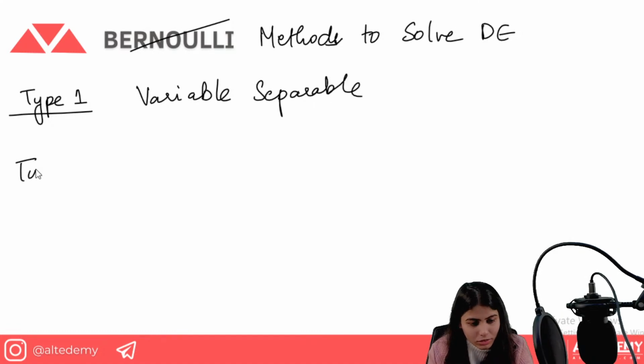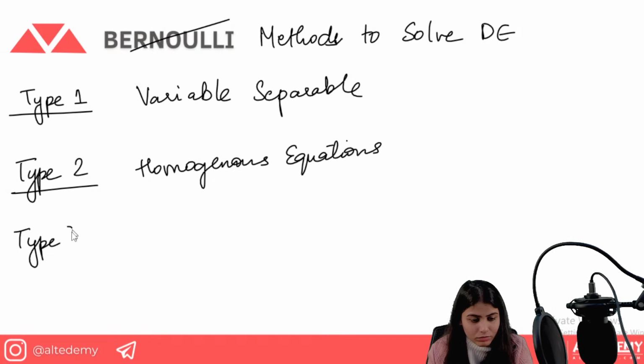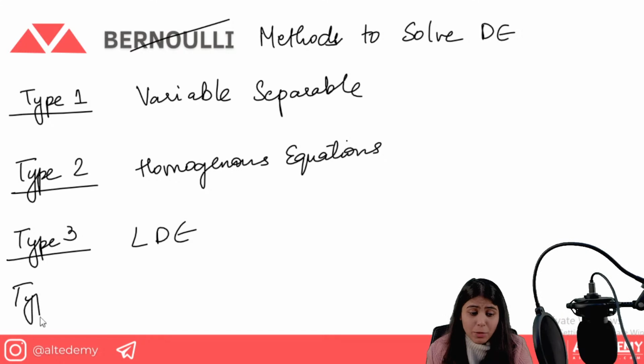Type 2 is homogeneous equations, type 3 is linear differential equations, and type 4 is Bernoulli's.